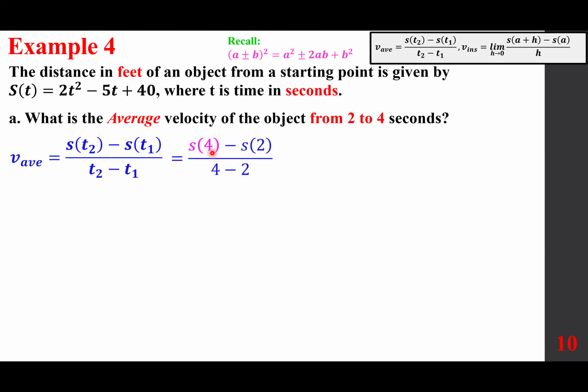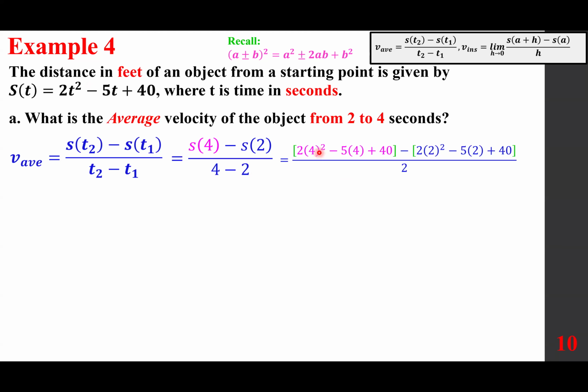Of course, the denominator is 2. The numerator, s of 4: 2 times 4 squared minus 5 times 4 plus 4, minus s of 2: 2 times 2 squared minus 5 times 2 plus 4. So all you have to do is simplify the numerator. The denominator is obviously 4 minus 2, or 2.